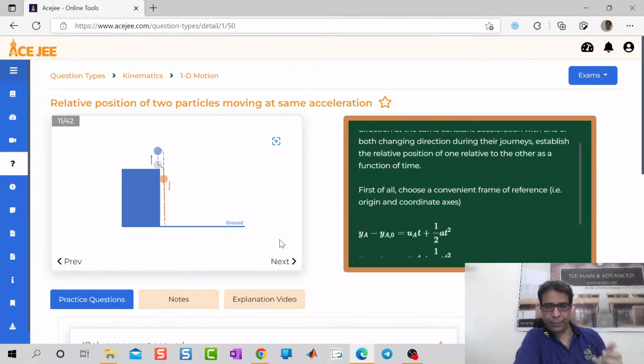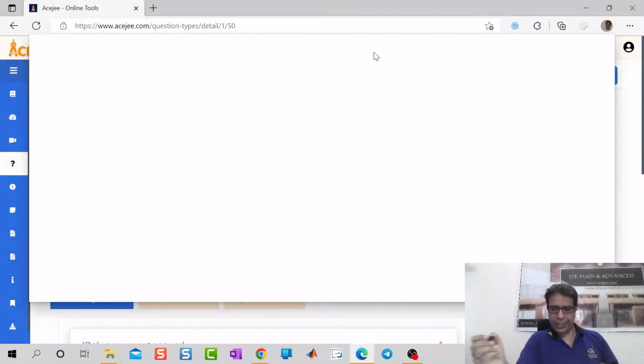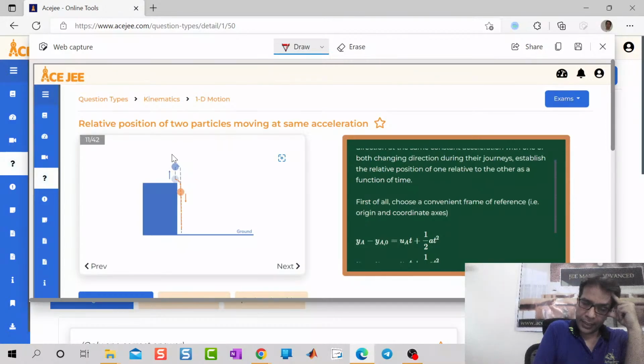So one such scenario would be if we throw two particles from a certain height, one you throw upwards, another you throw downwards, or you can throw both of them upwards at different speeds, and then you might be asked to determine the position of one with respect to the other. How will you do that? We spoke about it the other day, but essentially if this is particle A, this is particle B, and we are trying to find the position of A with respect to B. It's very simple, just like what we have for the relative velocity.